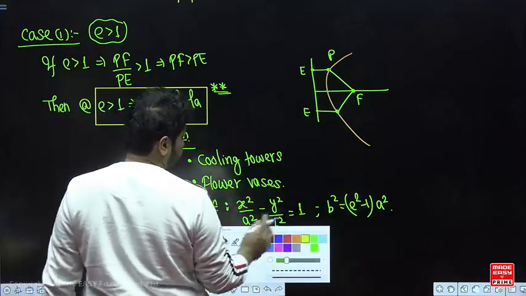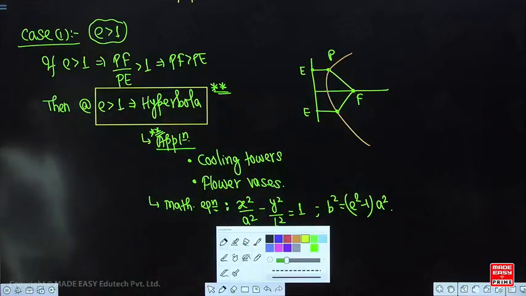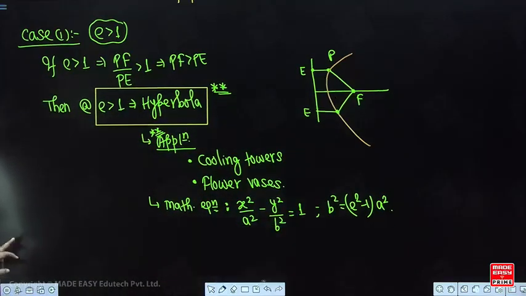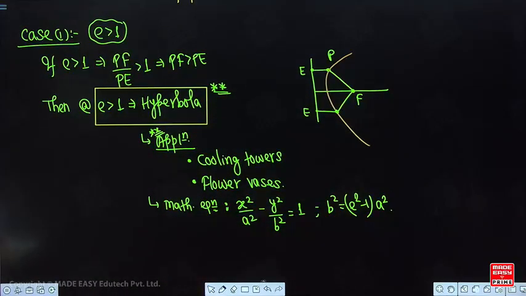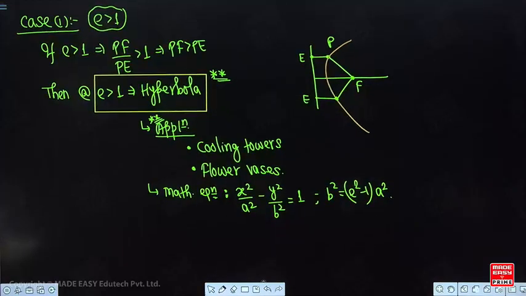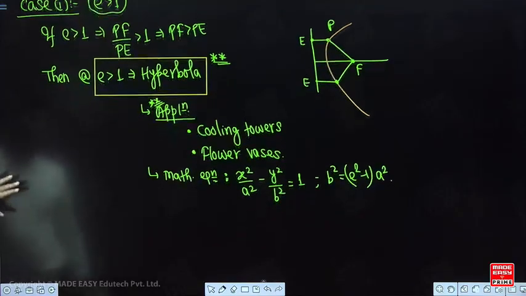Formula is not that important, but yes, application for E greater than 1. So if E is greater than 1, the conic is called hyperbola. So in this case PF will be greater than PE. So the curve is called hyperbola, correct? So this is case number 1.